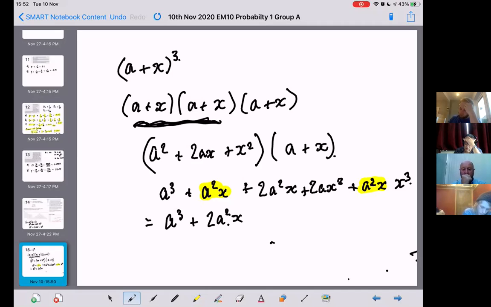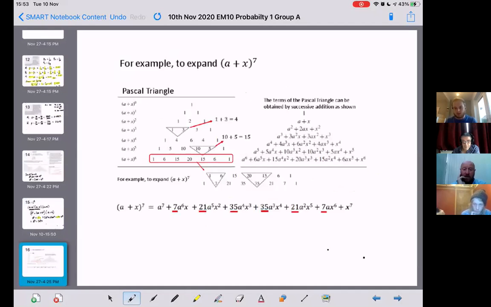We've done that right. Anyone see anything wrong there? Would that be 4a squared x, Mike? Because you've got an a squared x in the middle. What in the middle here? We got 2a squared x.